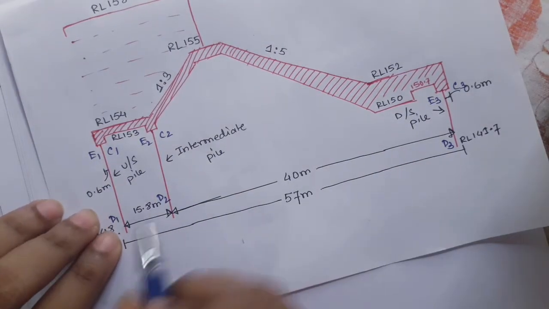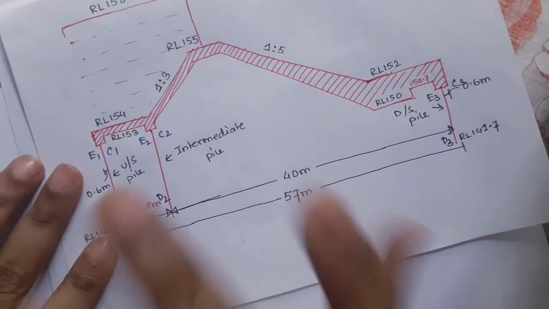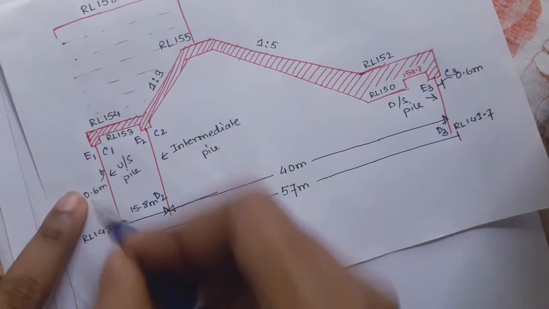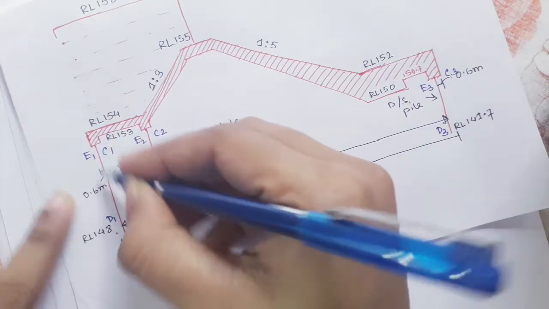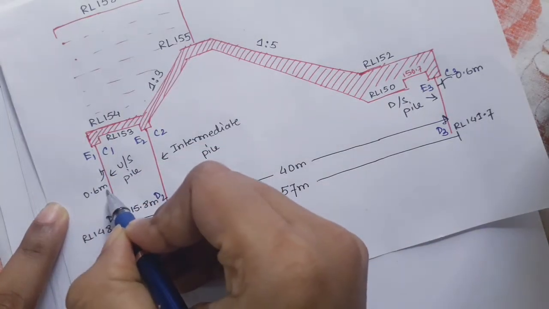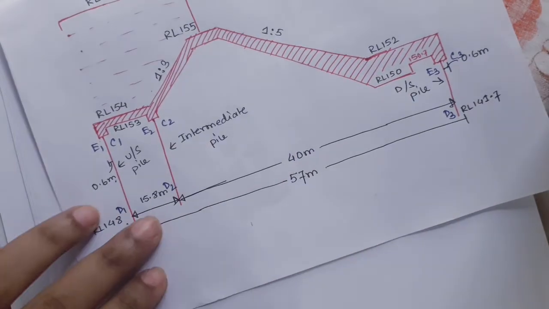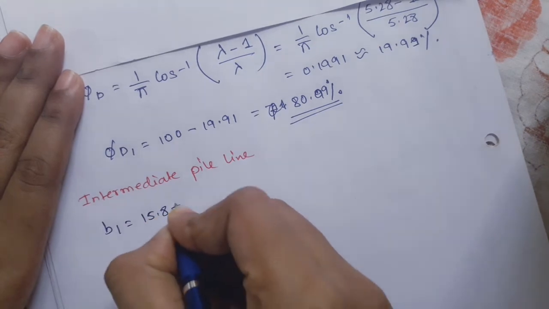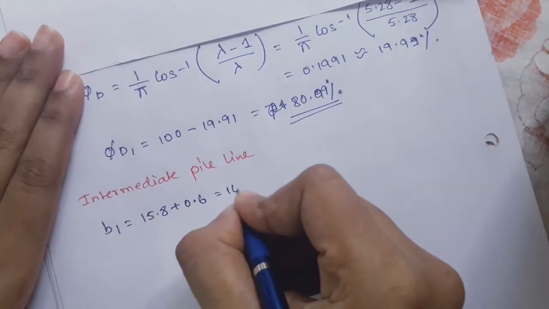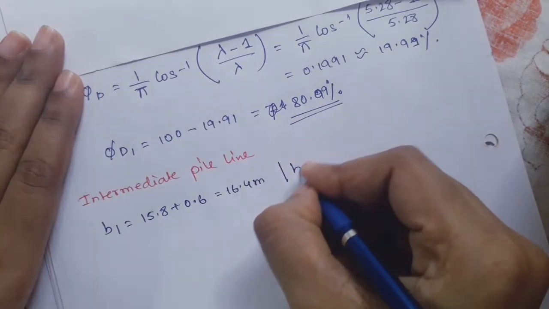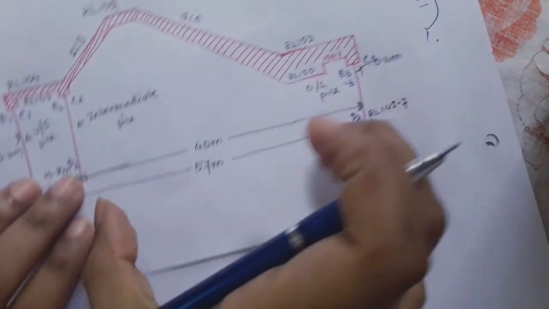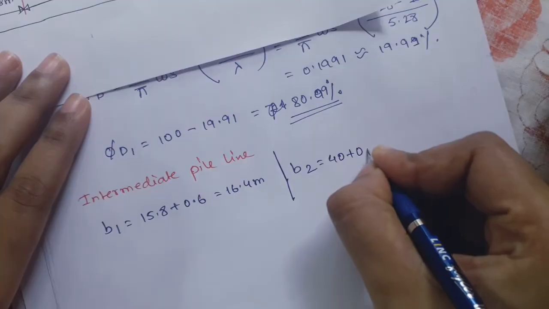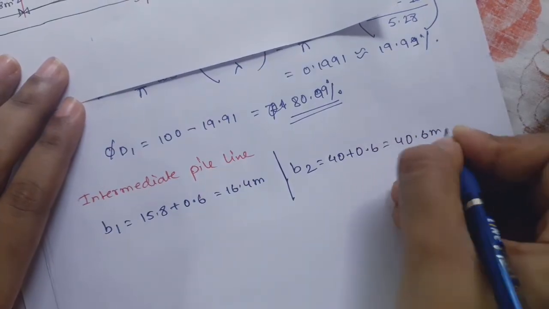Most students make a mistake at this point. We will consider B1 including that space also; this space is given as 0.6 meter. So B1 will be 15.8 plus 0.6, which is 16.4 meter. Similarly B2 will be 40 plus 0.6, which is 40.6 meter.